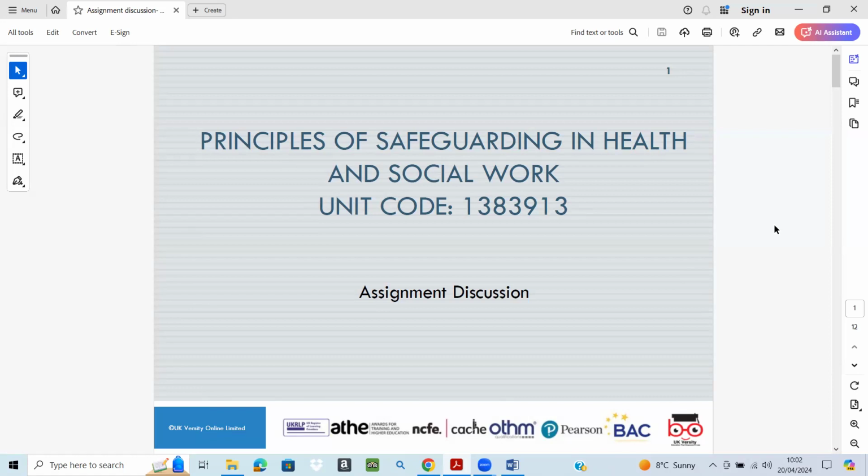If we are asked what is safeguarding, because the unit is based on safeguarding in the health and social care context, in easy words we can say that it's about protecting people's health, well-being, and human rights. Safeguarding ensures that vulnerable people are protected from harm, abuse, and neglect.